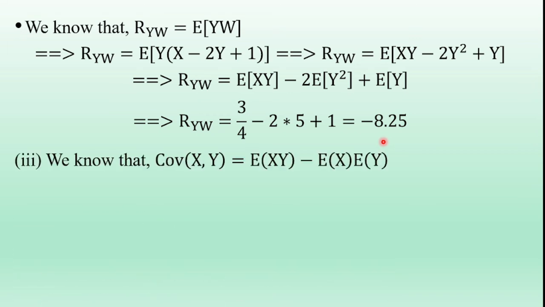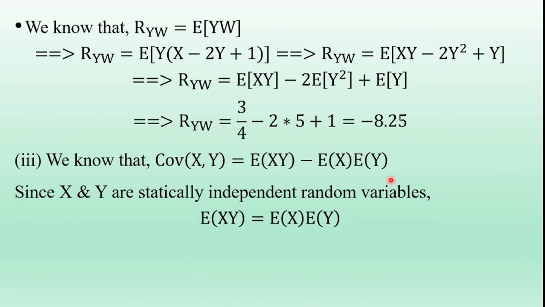And the third bit solution: find the covariance between X and Y. We know that the covariance of X comma Y is equal to the expectation of XY minus the expectation of X into the expectation of Y. The expectation of XY is already calculated in the first bit.